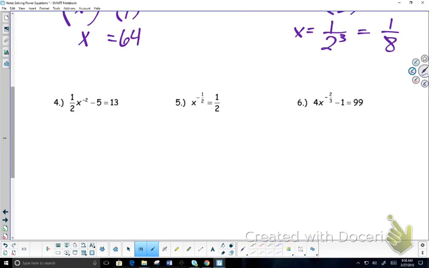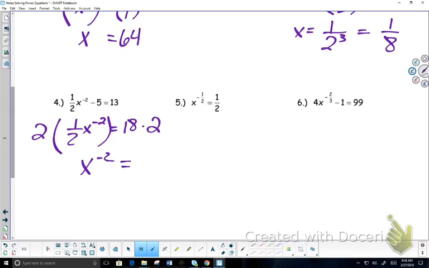Next scenario, first step, add the 5. So I end up with 18. To make this 1/2 go away over here, I'm going to multiply by its reciprocal. Notice how those exponents work just like the coefficient. And if I multiply one side by 2, I've got to multiply the other side by 2. So I'm left with x to the -2 equals 36.